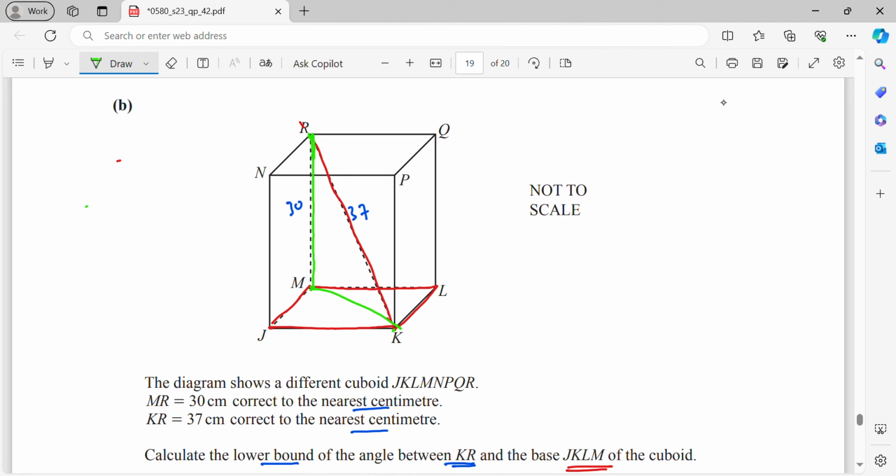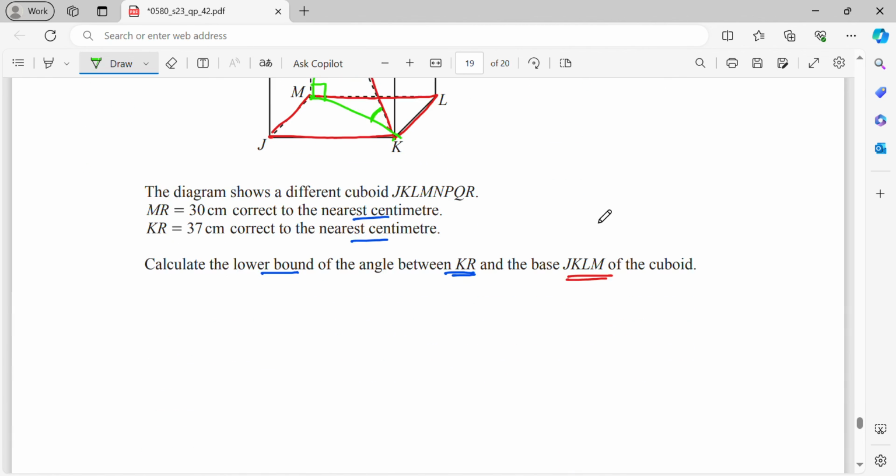So that means this is your angle. Alright, and here is 90 degrees. So I will draw the triangle of RMK. Right, so I draw RMK, and this is the angle. So this is K, this is R, this is M.